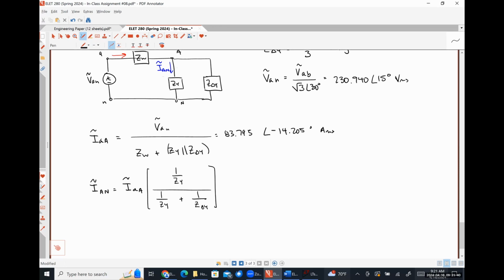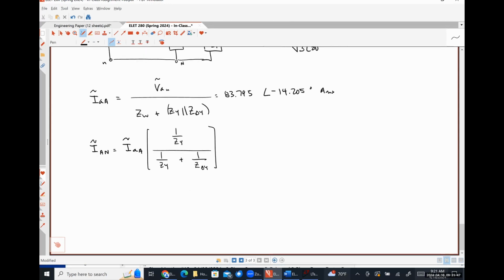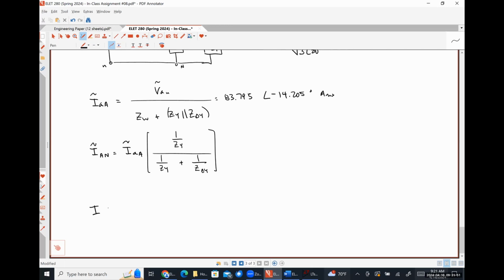You might have seen it like this, where you have to put the branch that you're not finding the current through in the numerator. That confuses the hell out of me. I don't like that at all, so I don't teach it that way. If you use the reciprocals, it's the branch you want in the numerator, which makes it exactly like voltage division, except that you're using reciprocals. That's why I like it this particular way.